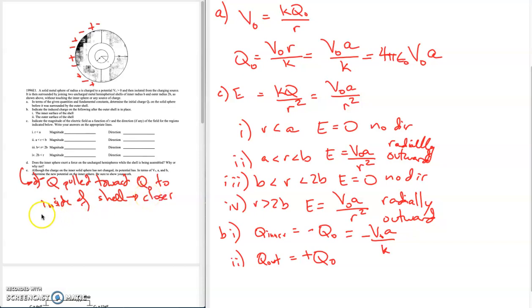It's closer than the residual positive Q on the outside that I already discussed. So the net force is going to be towards inside. It's going to be pulled towards the inside.